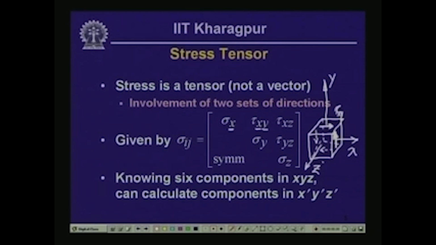That is because the outward normal on that plane is acting in the negative y direction when the force because of which this shear stress arose is acting in the negative x direction as well. So, if both are negative, then we are not going to consider the sign, and if both are positive, then also we are not going to consider the sign. So, tau x y will be the same as tau minus x minus y. Okay.